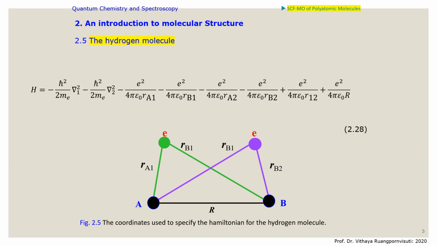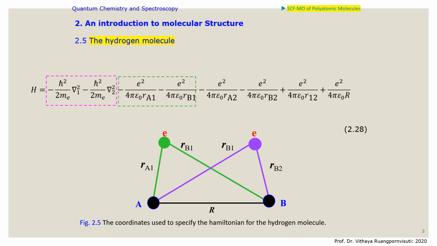The true Hamiltonian operator of the hydrogen molecule consists of 8 terms. The first and the second terms are the kinetic energies of electron number 1 and number 2.